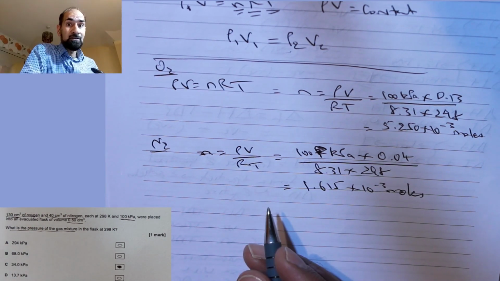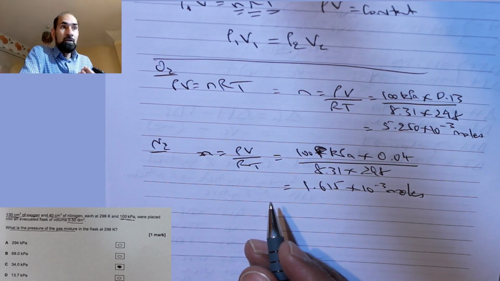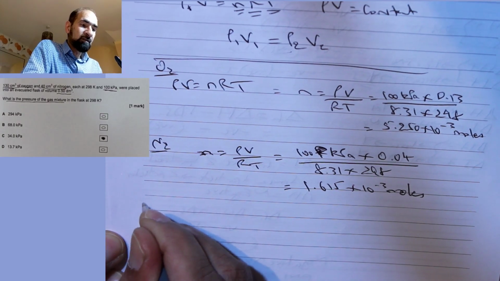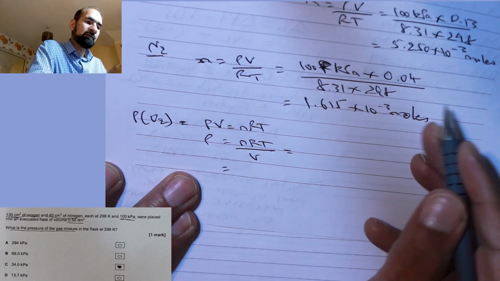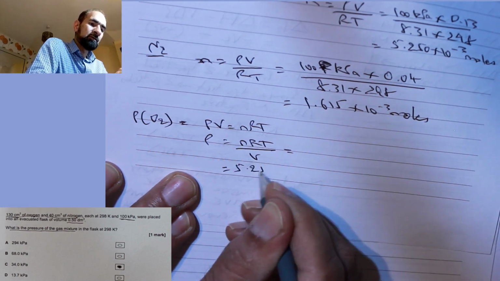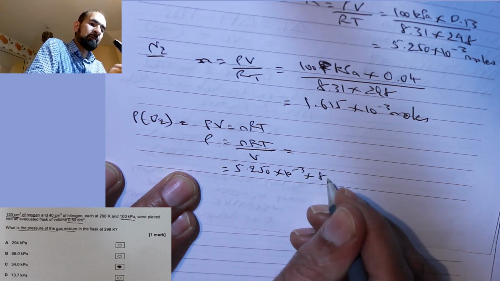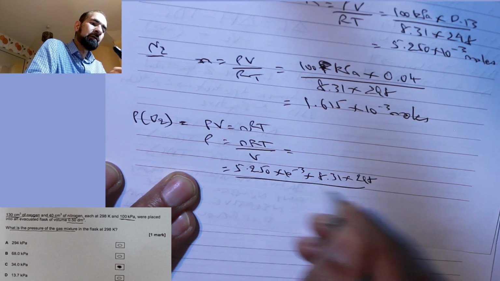So yes, this is long, but remember, if this question had come up as a structured question, you could have been forced to do it this way. All right, so here we go. So now the pressure of oxygen. We know the moles of oxygen now is 5.25 times 10 to the minus 3, times 8.31 times temperature, which is 298, divide that by volume.